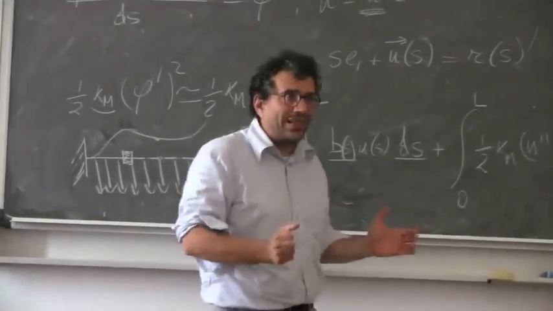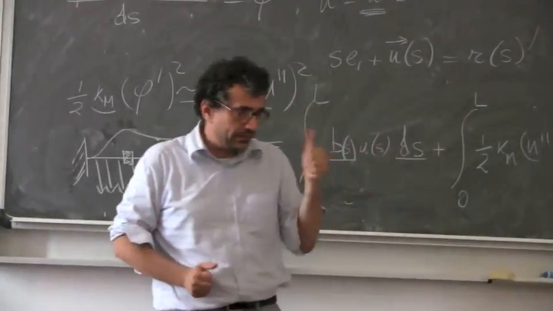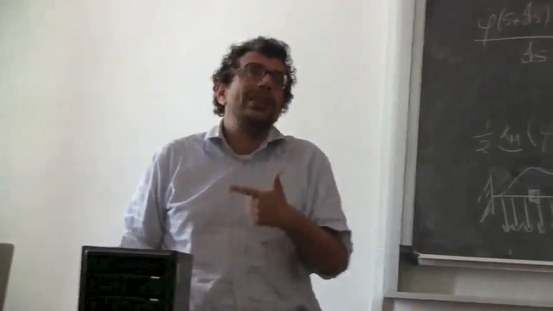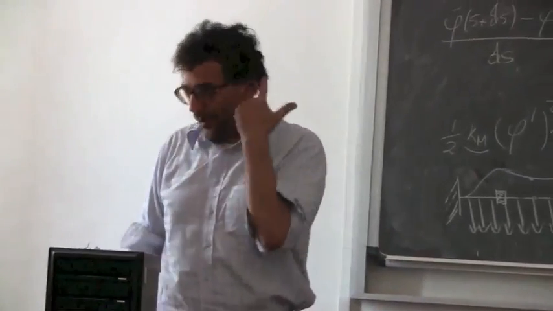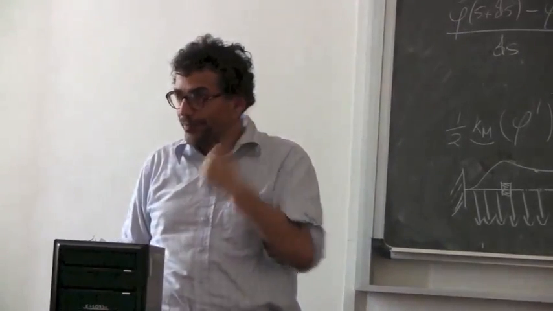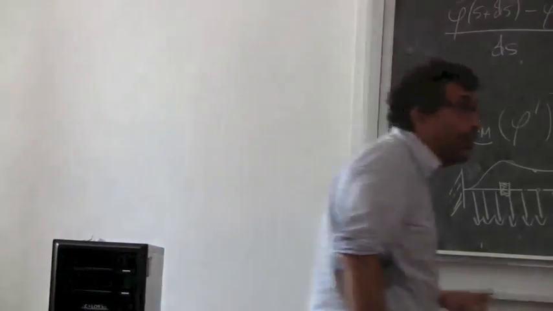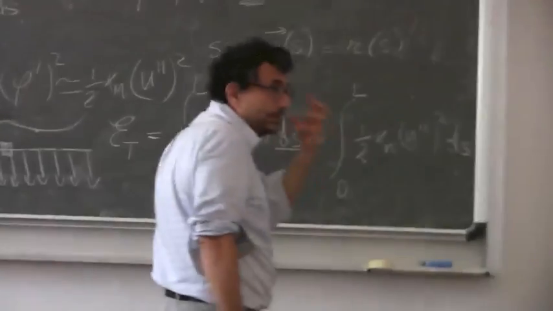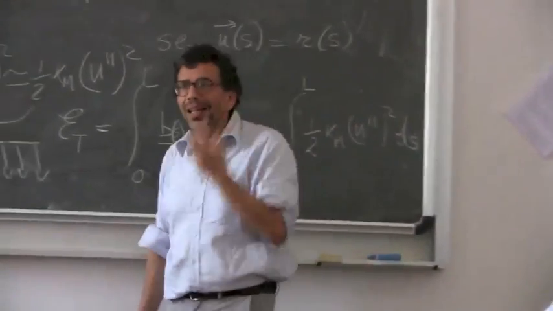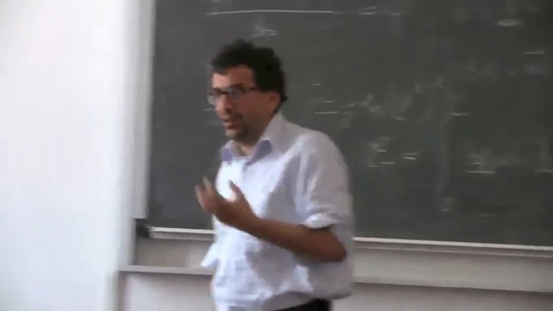So we were clever enough to describe the kinematics. We were clever enough to conjecture a shape for the total energy. Now we are facing a technical problem: how to find the minimum of the energy.